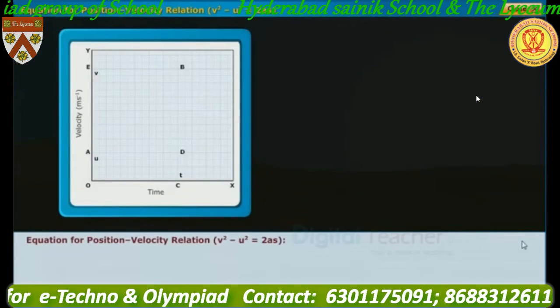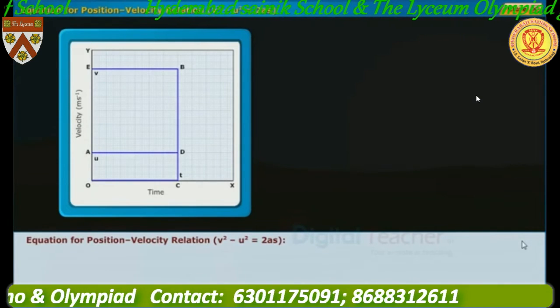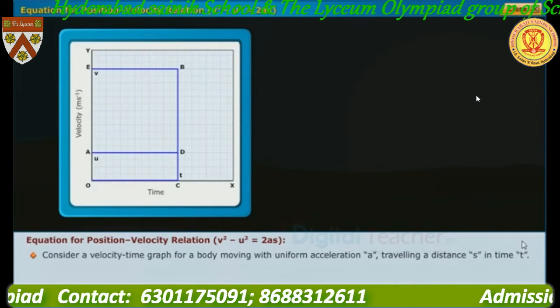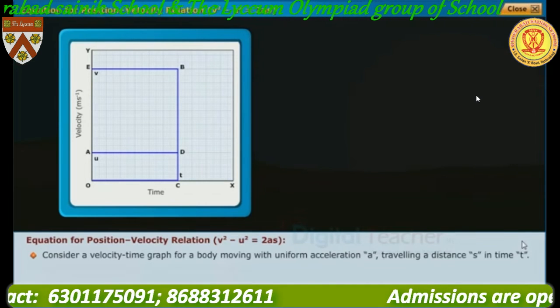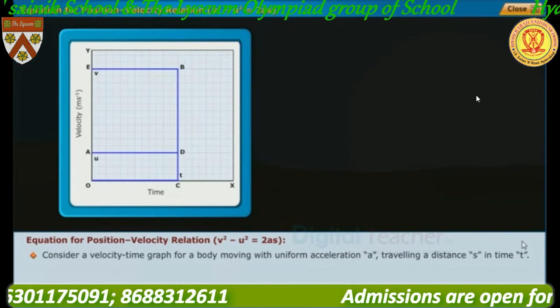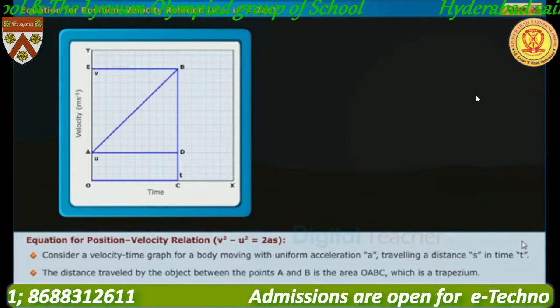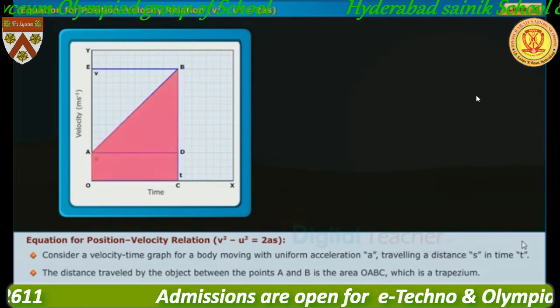Equation for position-velocity relation. V square minus u square equals 2as. Consider a velocity time graph for a body moving with uniform acceleration a travelling a distance s in time t. The distance travelled by the object between the points A and B is the area OABC, which is a trapezium.